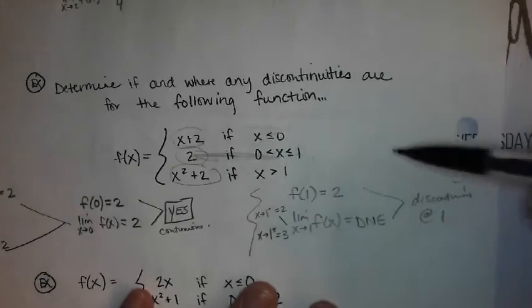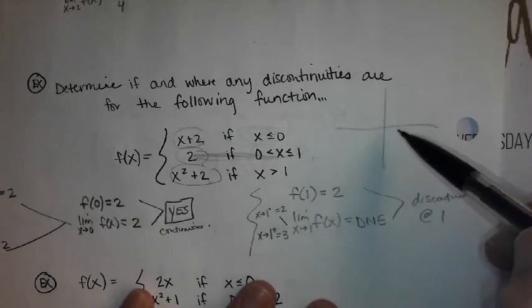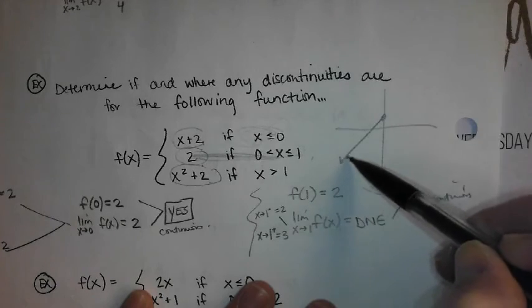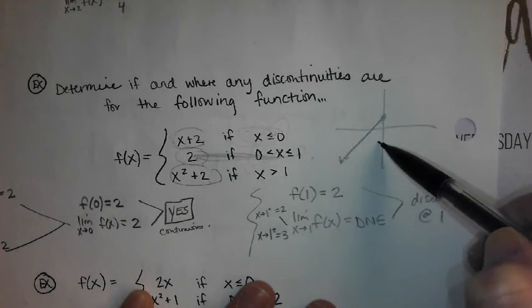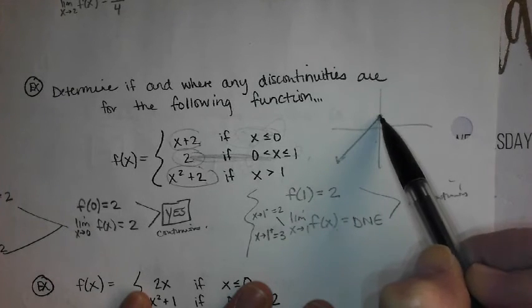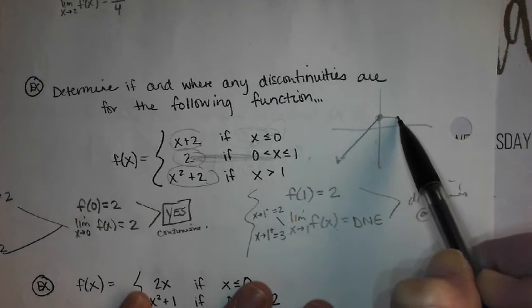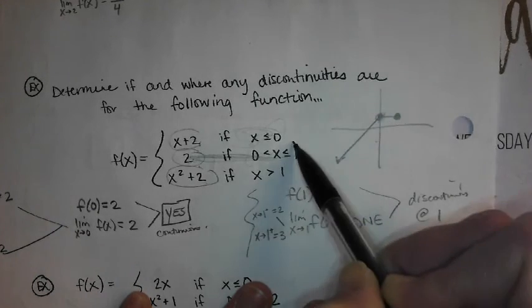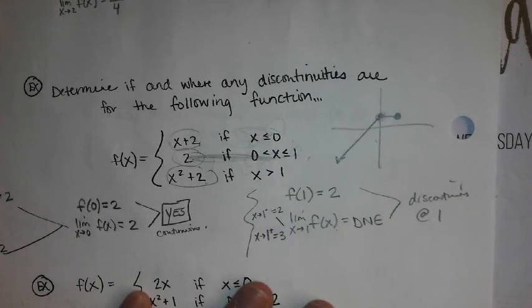So visually, what's happening here is there's your line x plus 2 prior to 0. Then from 0 to 1, we've got a flat line at 2, which would technically be an open circle and a closed circle, but this open circle is on top of what was already a closed circle from the first one.